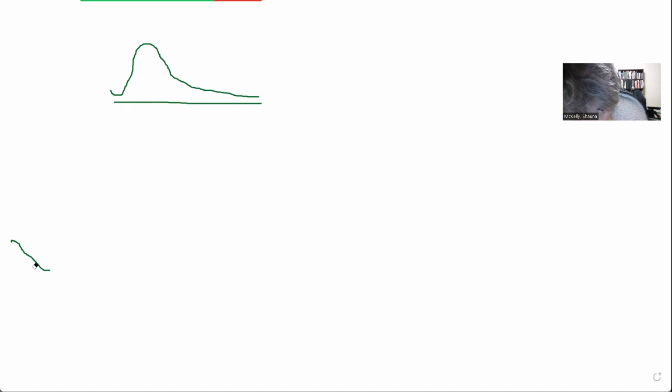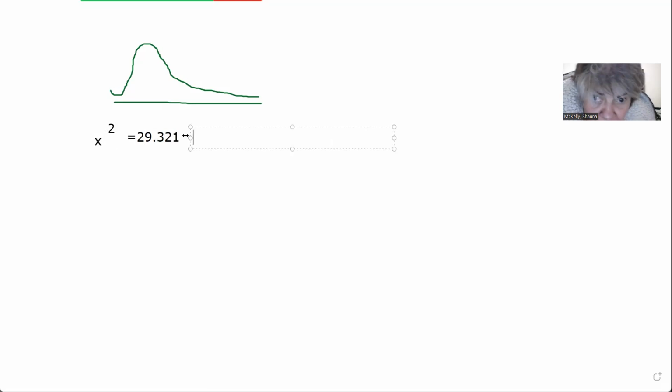So we're looking at this, just to remind you, our chi-squared is, and I'm using X because Zoom doesn't let me use Greek letters, 29.321. My n is 16.